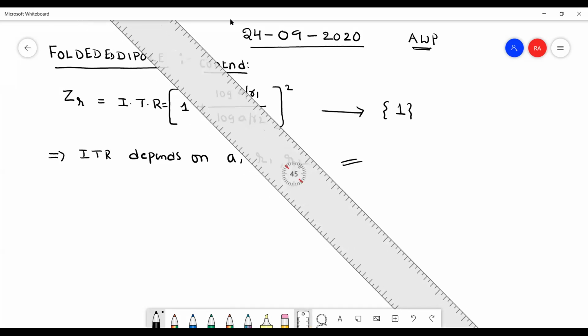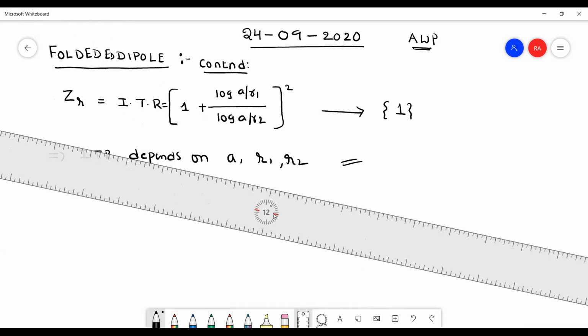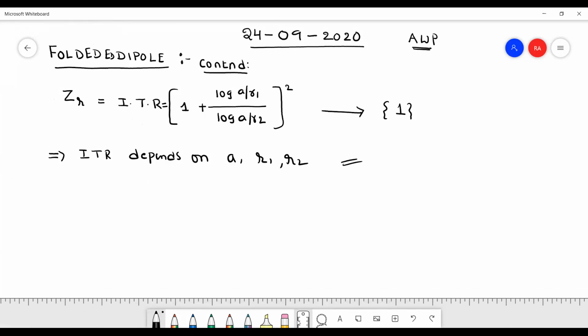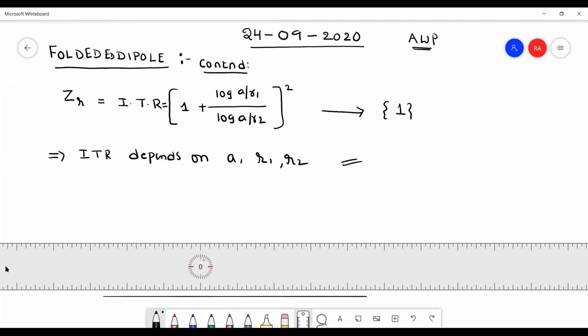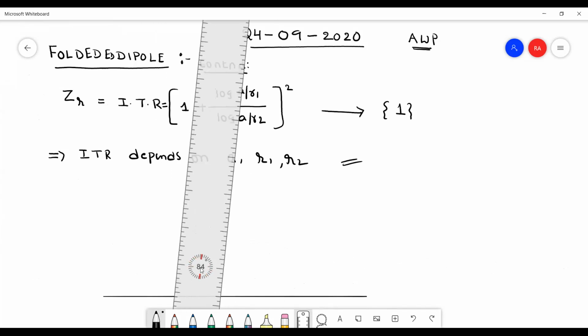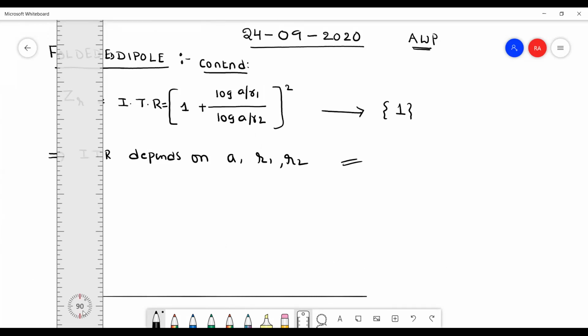So here let us take one plot, when these impedance ratios are moving.